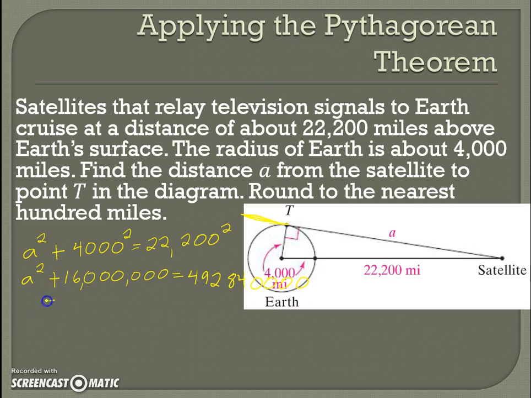Now I've got to subtract these values from both sides. And after I subtract that, you end up getting a squared equals 476,840,000.